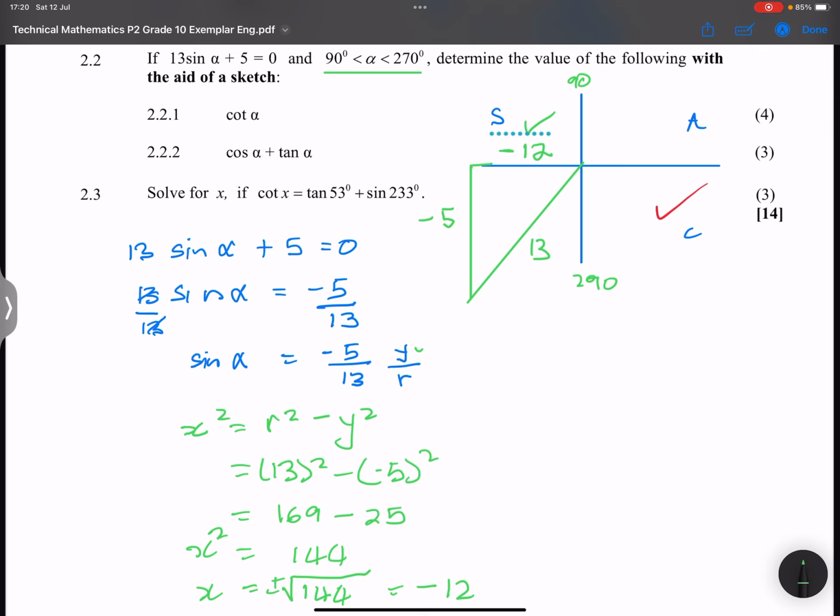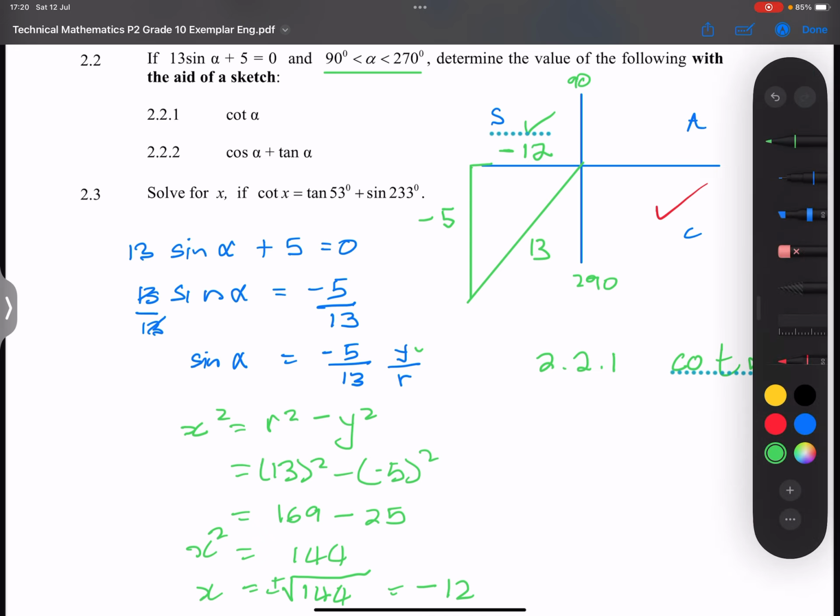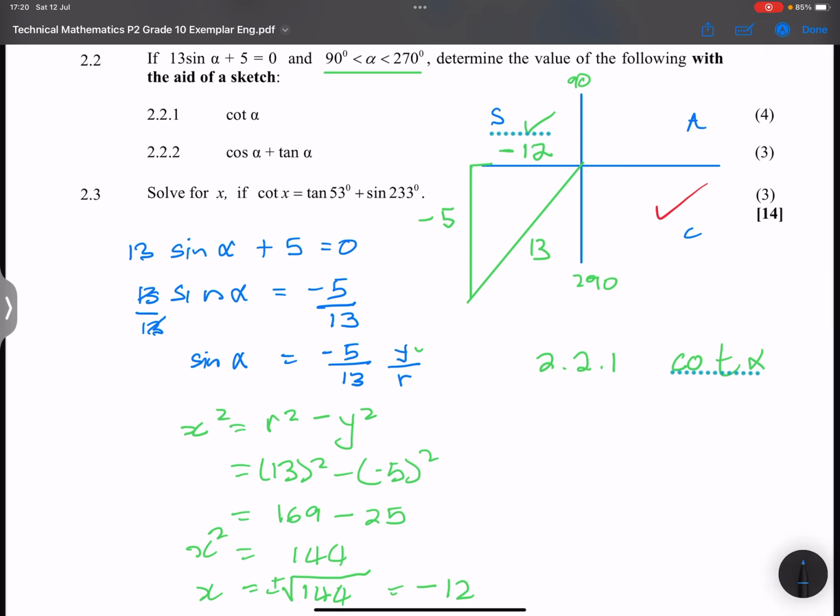For 2.2.1, they said determine the value of cot of alpha. Remember, cot alpha is the inverse of tan, so this is 1 over tan of alpha.